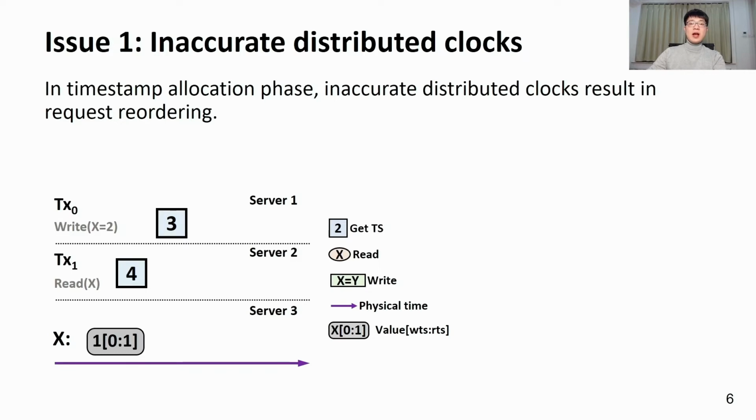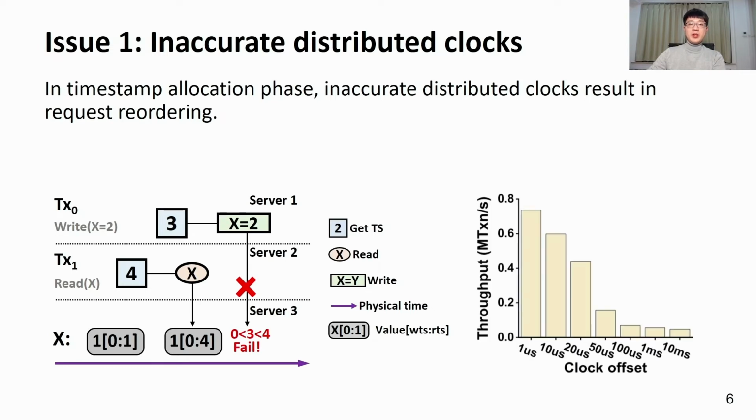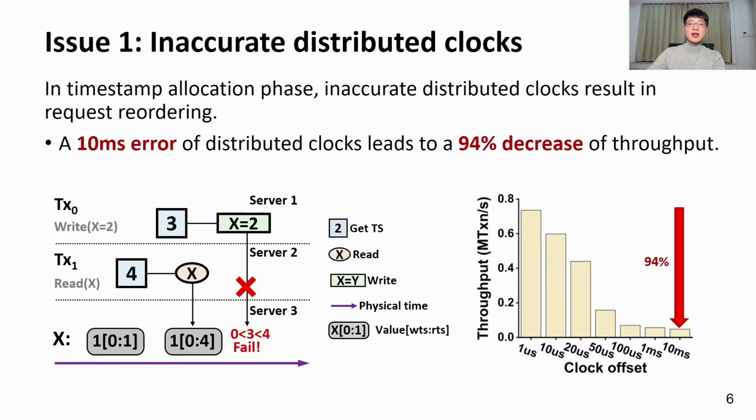Transaction 1 obtains the timestamp before transaction 0, but gets a larger timestamp, 4 in blue box. It makes transaction 0's write fail, because in TO protocols, requests that conflict with each other should be executed in the timestamp order. We evaluated the impact of inaccurate distributed clocks. A 10 millisecond error of distributed clocks leads to a 94% throughput decrease of TO system.